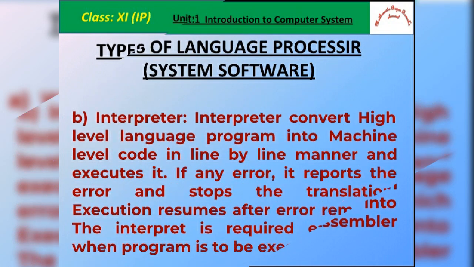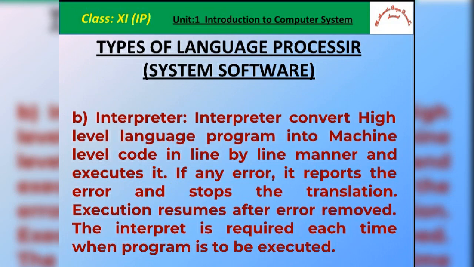If there is any error, it reports the error and stops the translation. This interpreter translates the program line by line. If in one line any error is there, it stops the translation. If no error is there, it goes to the second line.